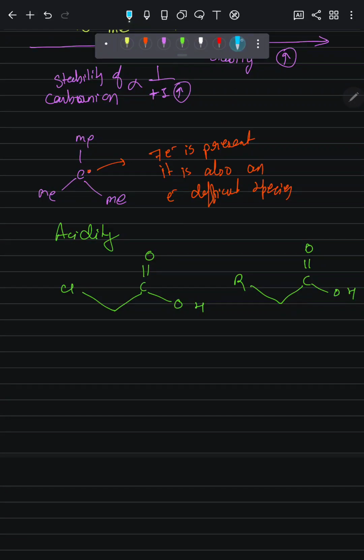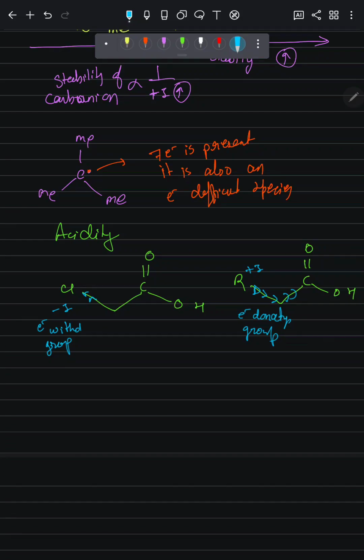To know about the order of acidity, we know that chlorine is an electron withdrawing group, so it will show minus I effect, and this R group will show plus I effect, because it is an electron donating group.